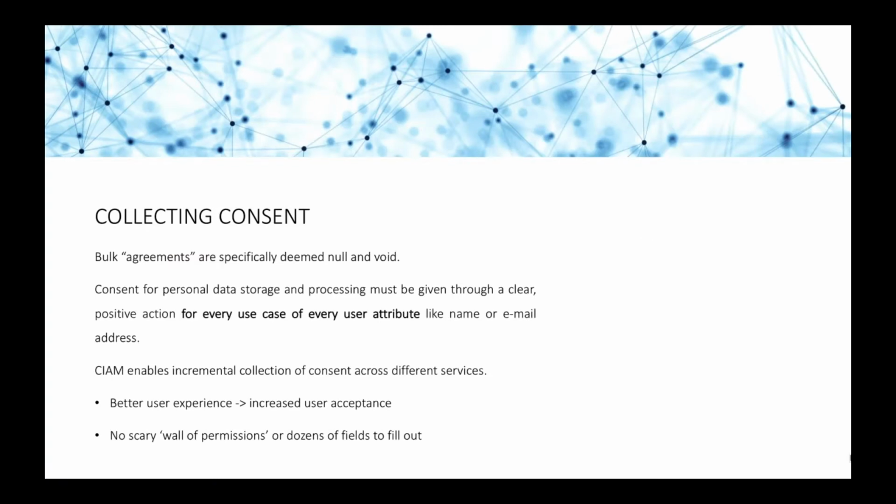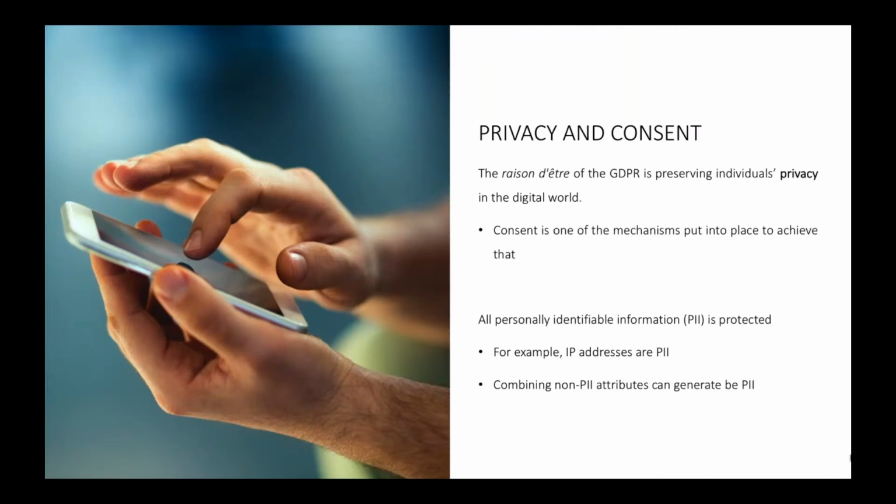With consent and privacy, we've got to remember that all personally identifiable information is protected. For example, IP addresses are a pinpoint data point where you can tie information to a user or a group of users, but also by combining non-PII attributes, you can, by default, be able to identify a unique user or a tiny subset of users, which is enough to threaten their privacy.